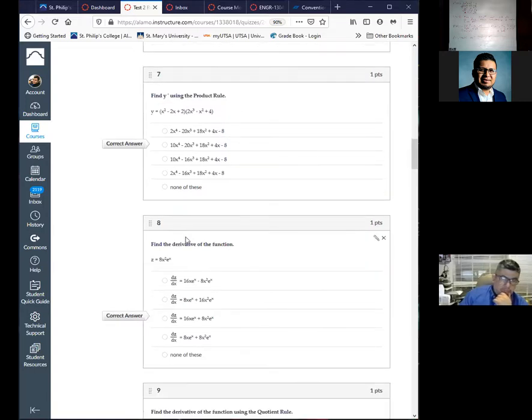You want to do 7 or 8? What do you guys think? What seems harder to you? Both. They both seem hard. 7 seems harder for sure. Yeah, 7. You can do both, it's fine.